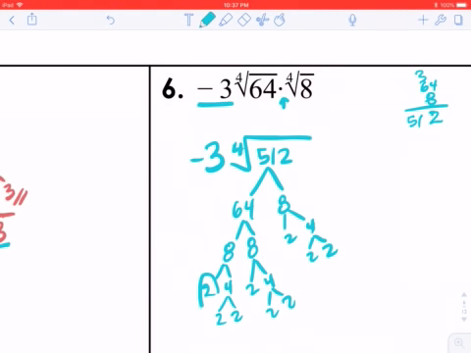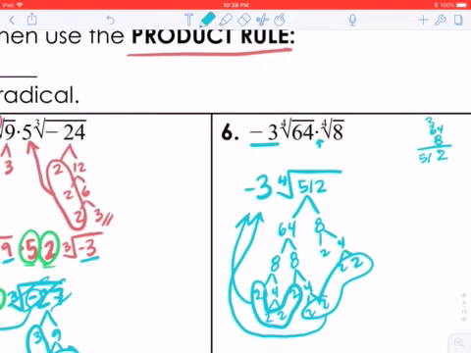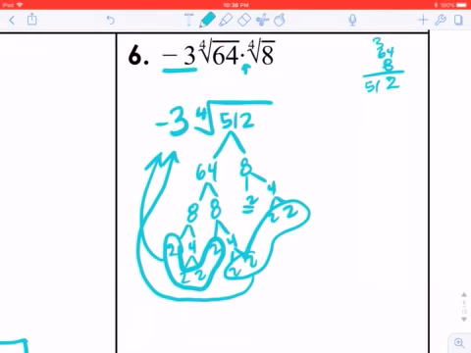So here is a group of 4. That counts as one group of 4. It's going out here. This is another group of 4. It's going out here. And then I want to be very careful not to lose this guy, because that 2 has to stay inside. So I'm going to make a note of that as well.